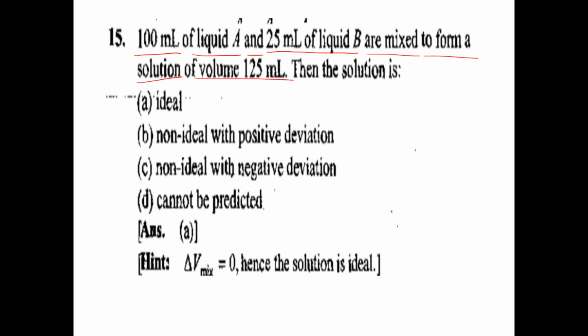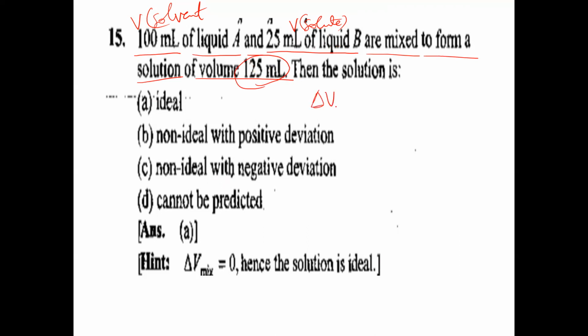Initially, the volume of solvent is given as 100 ml and the volume of solute is given as only 25 ml. Now these two are mixed to get 125 ml. Now is there any difference?